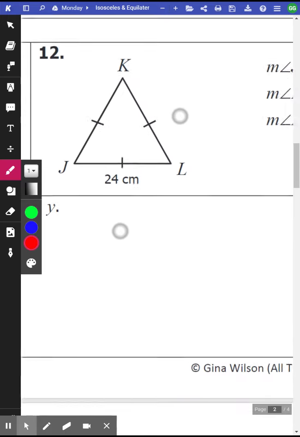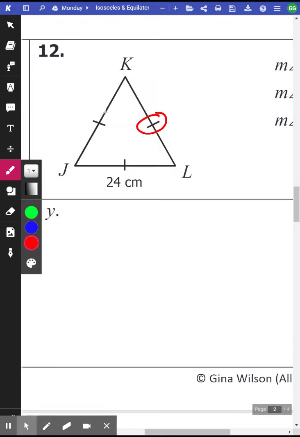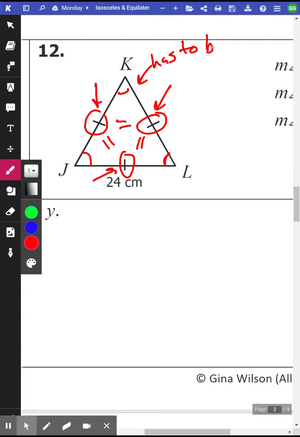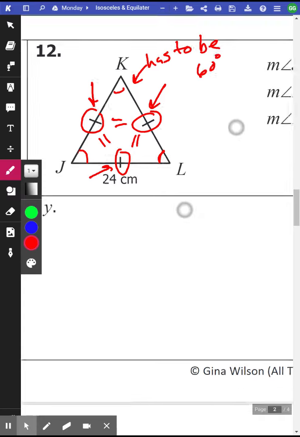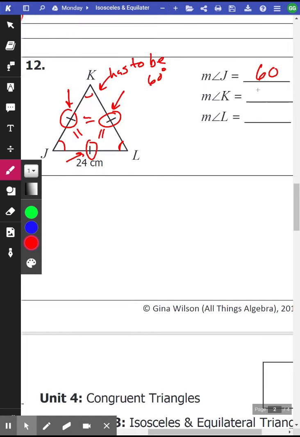In this case, it's telling you simply by the marks, okay? Those are equal, those are equal, those are equal. If that's the case, then each one of these angles has to be 60 degrees. Because if I add all of them, they equal 180.